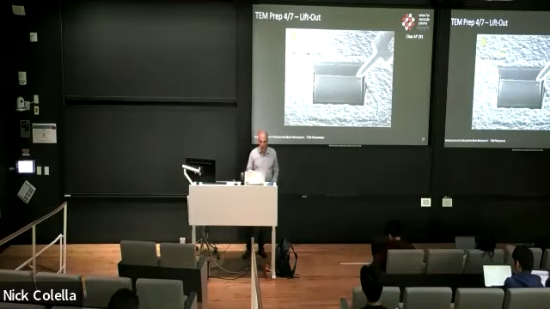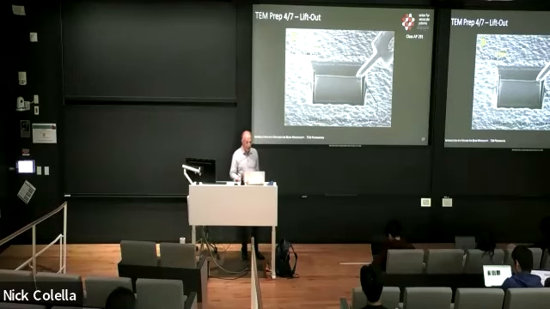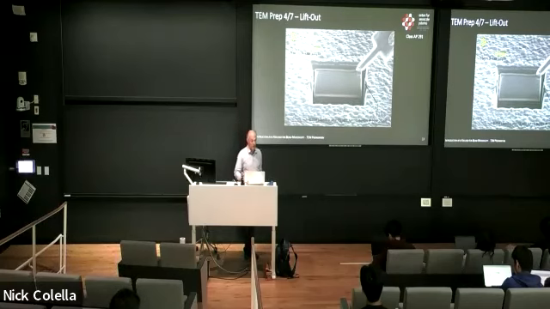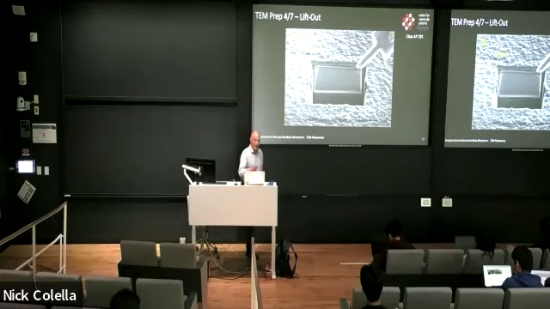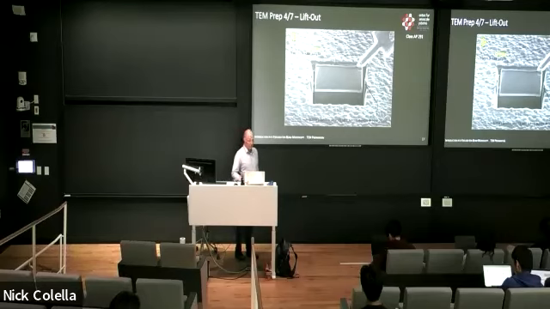So this is now where we come in with the manipulator. We glue the manipulator on the free end with the material that we're depositing, and we cut the bridge, and then we can pull out that piece with the manipulator.